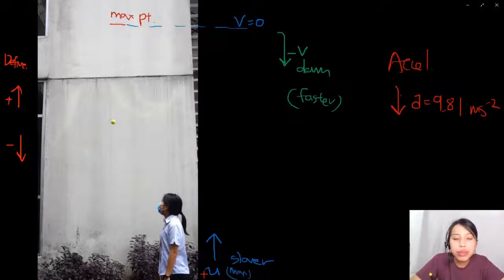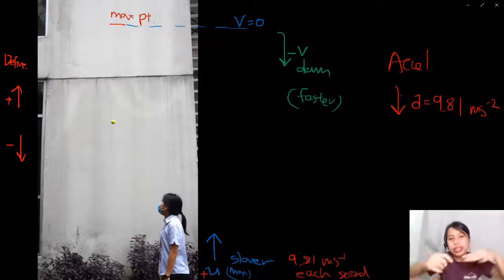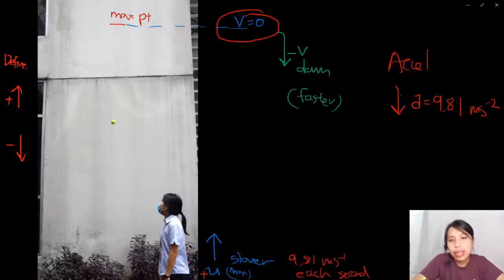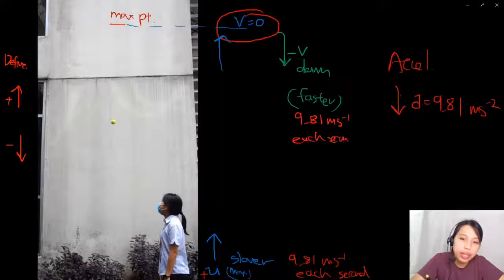So if you're going up, you're getting slower by 9.81 meters per second each second, until you get to 0. Then after that you U-turn and come down, getting faster by 9.81 meters per second each second. That's what acceleration is. So no matter you go up or down, acceleration is still downwards.